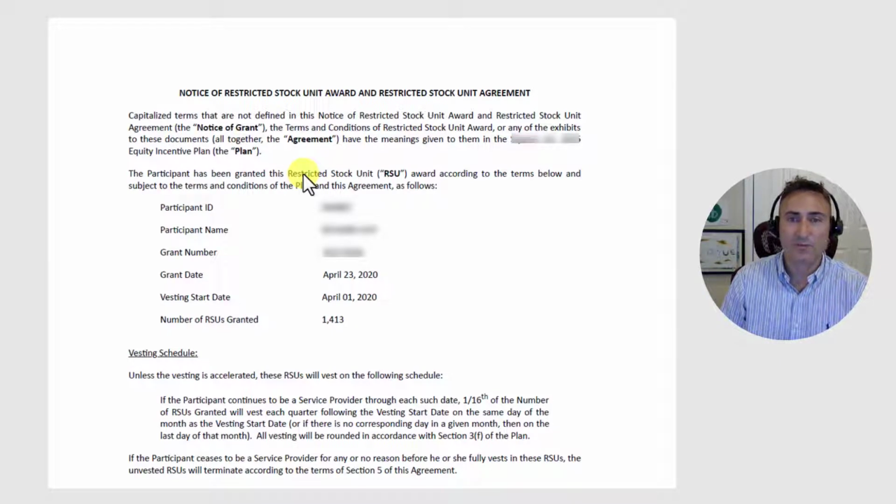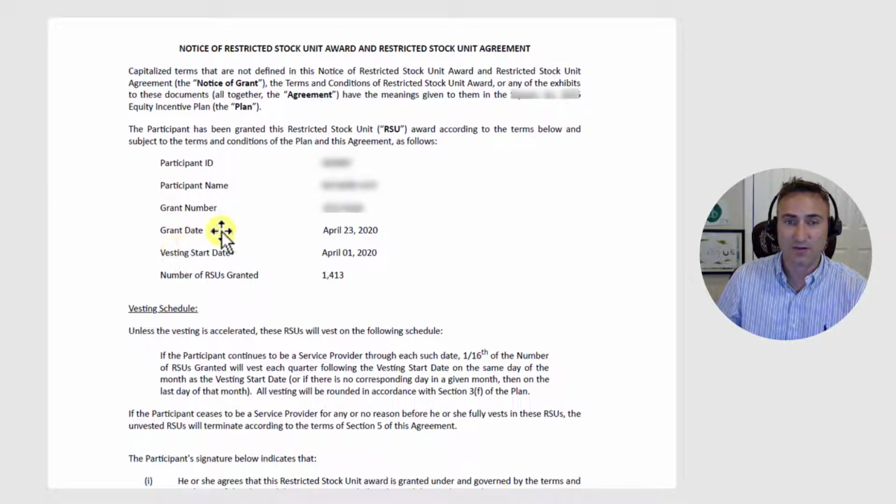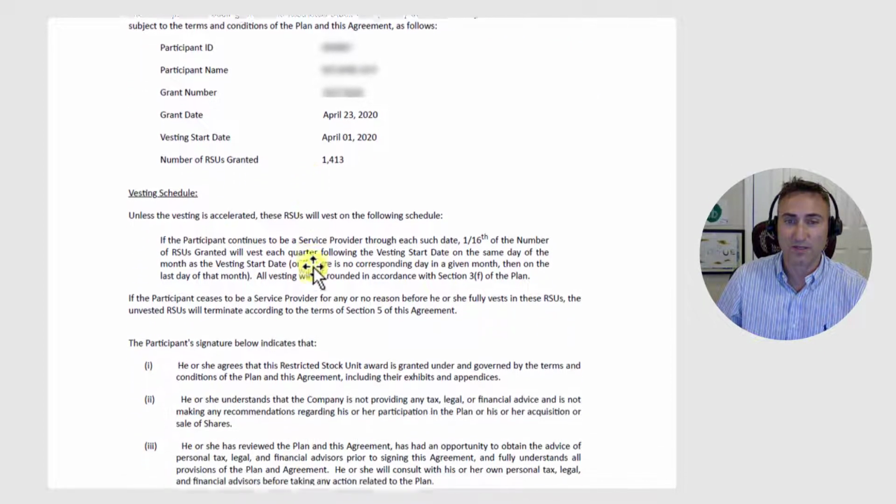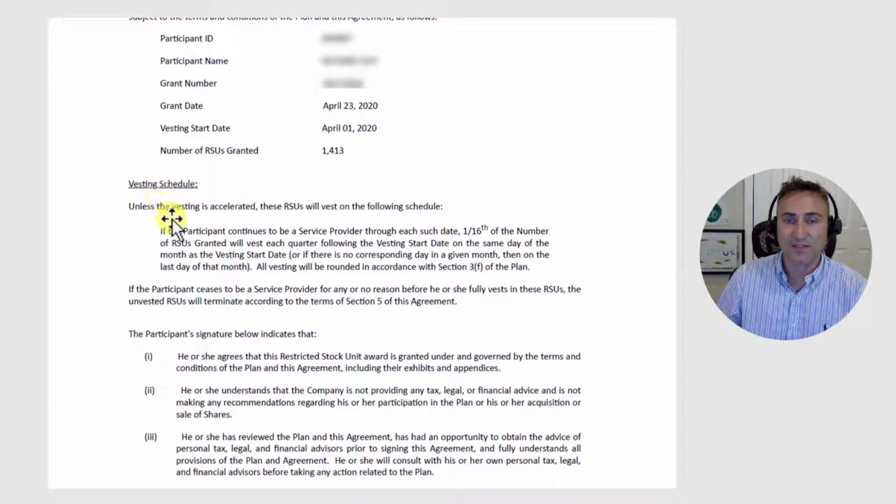Let's look at what a typical RSU stock looks like. This is an actual Notice of Restricted Stock Unit Award or Issuance and Restricted Stock Unit Agreement. You'll notice that there is a grant number, a grant date, a vesting date, and a number of RSU shares granted. It also defines the vesting schedule.